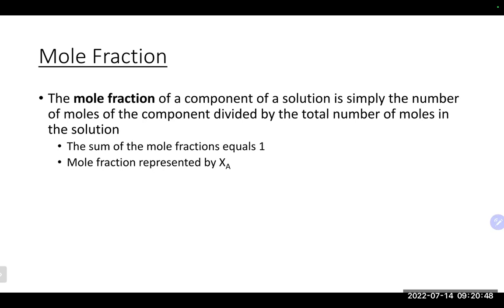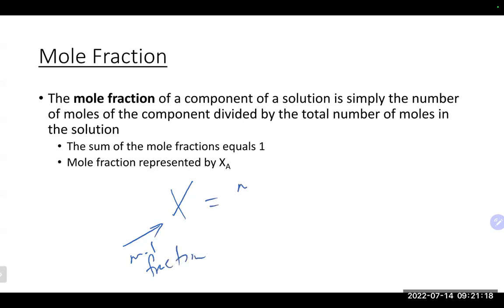And much like it sounds, the mole fraction is basically the fraction of a particular substance's moles over the total moles in the solution. So it's not really a percentage, so we don't multiply by 100, but we can calculate the mole fraction, and the X represents the mole fraction sometimes.